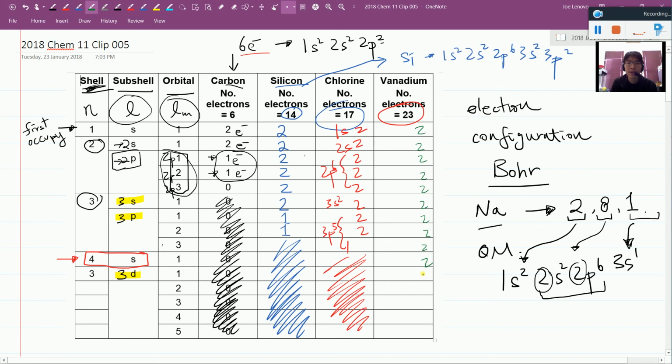D orbitals would be doing 1, 1, and 1. Can you see that? For this particular diagram, it's very easy to fill up those electrons. 3d has 5 orbitals, so if you have 25, you would rather put 1, 1, 1, 1, 1 for that.